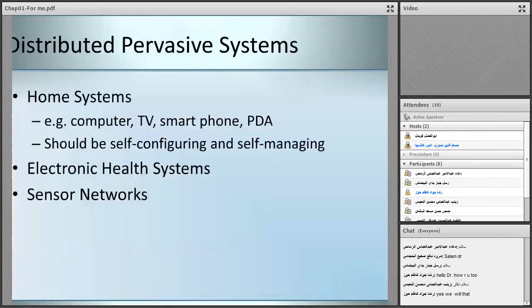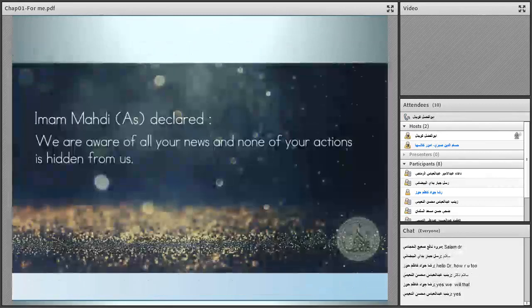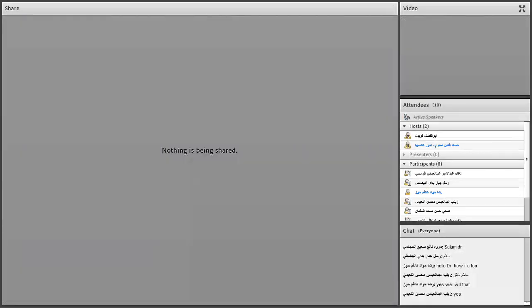Okay, good. Let me change the PDF file here. It's not the newest one.